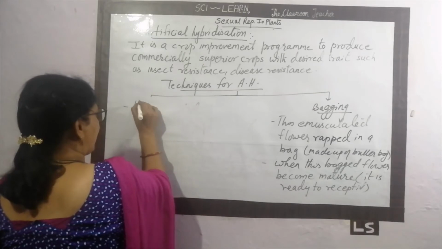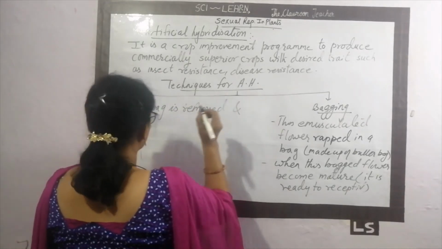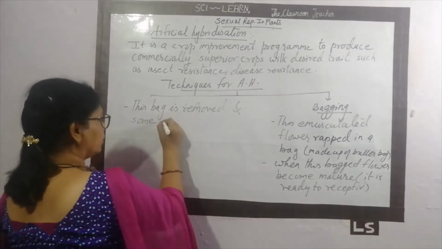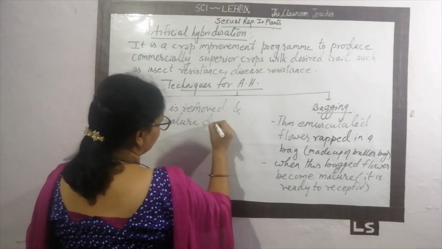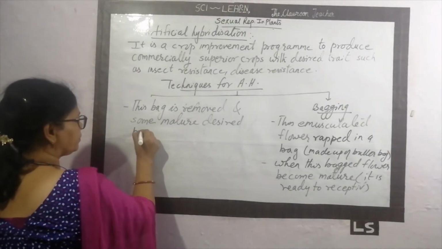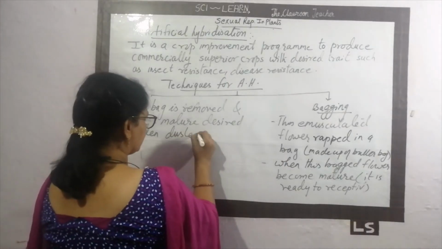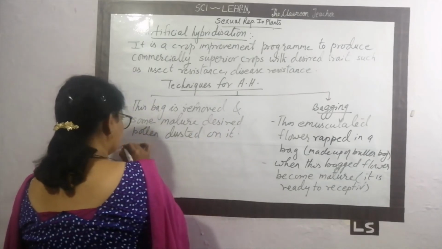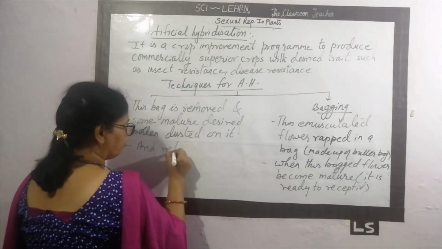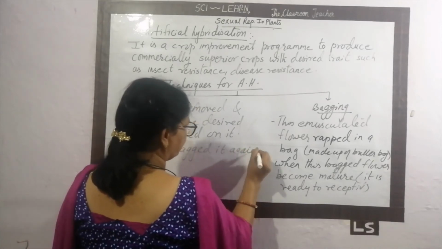Then some desired mature pollen is dusted on it and it is rebagged again.